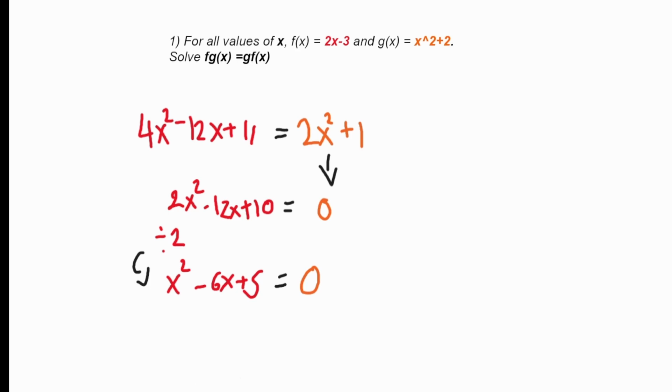This factorized will become x minus 1 and x minus 5, and all of this is going to equal 0. So the two answers you really should get at the end, you add 1, you add 5. So your two answers are going to be x equals 1 or x equals 5.